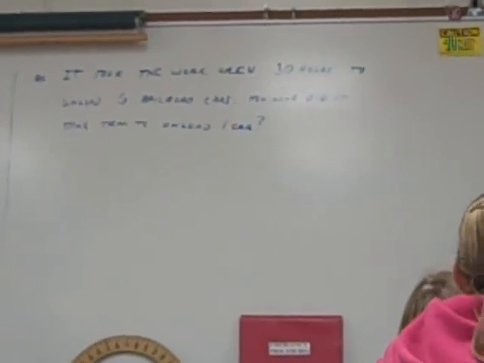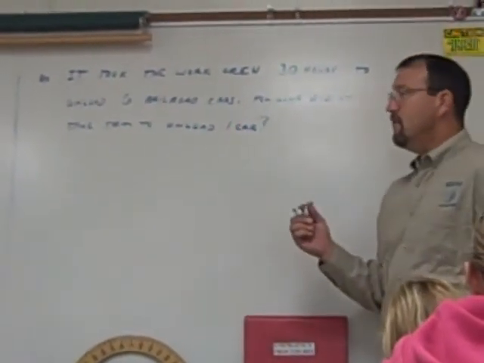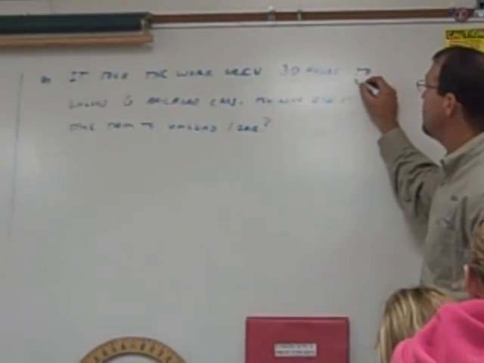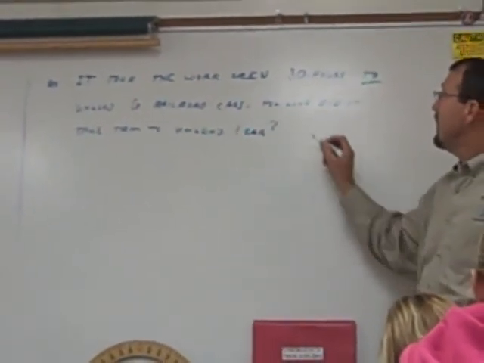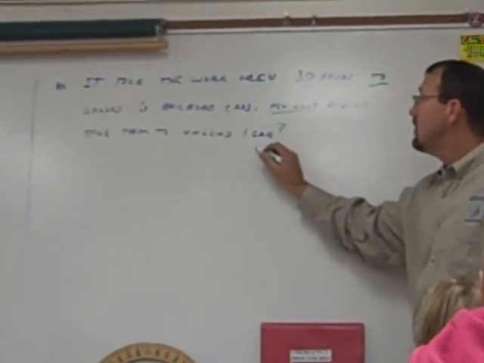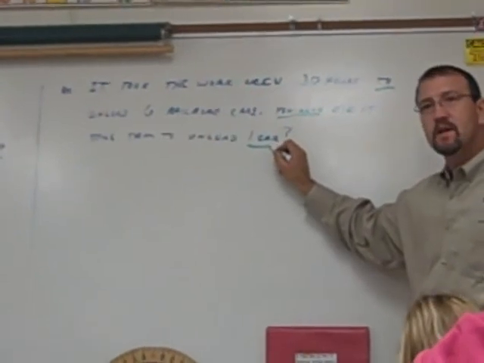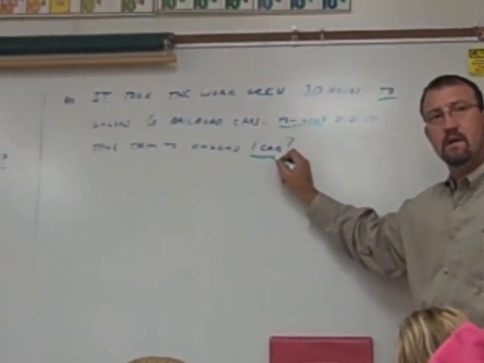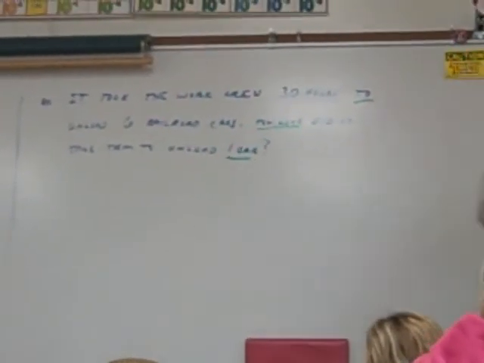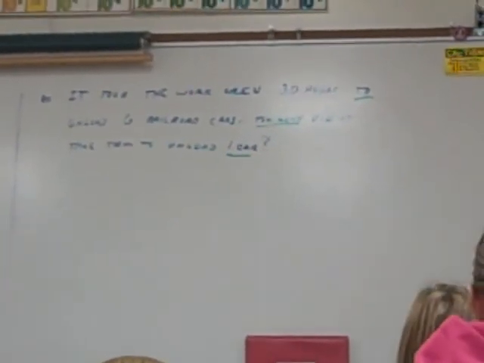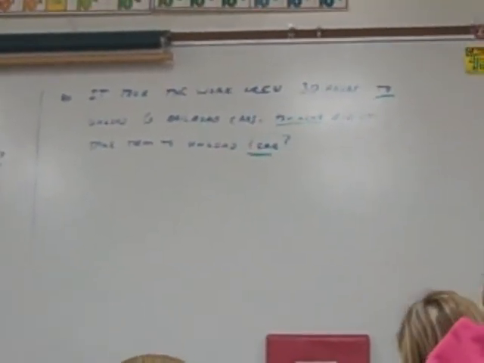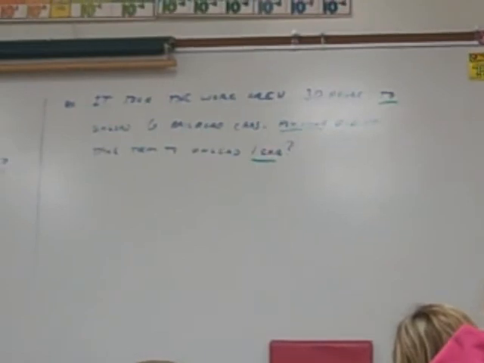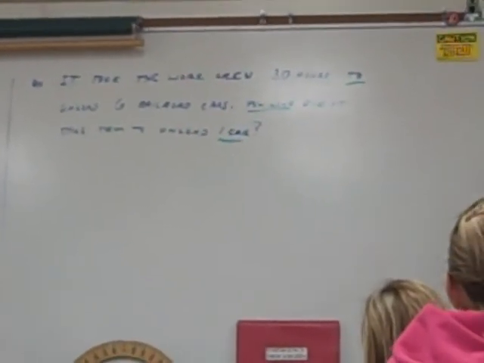It has like 30 hours long. Well, I see a ratio word. And then it says how long? 1 car. If we want to know how much for 1, that jumps us right to unit rate. We want 1 rate.